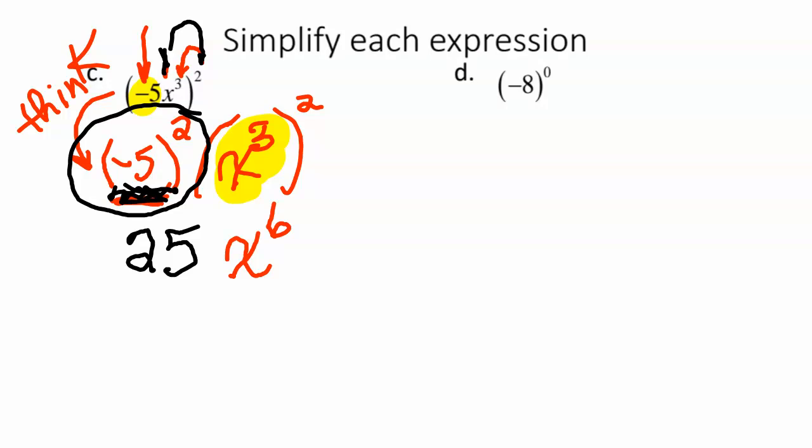Now, this one is easy. I got a 0 power. Now, this is going to give me a positive 1 response, because this -8 is inside the parentheses. Now, let's look at one a little differently.